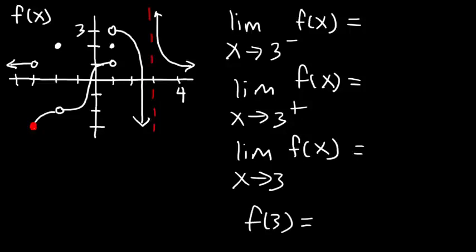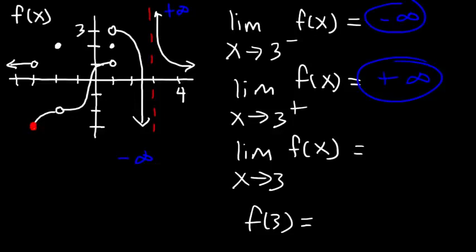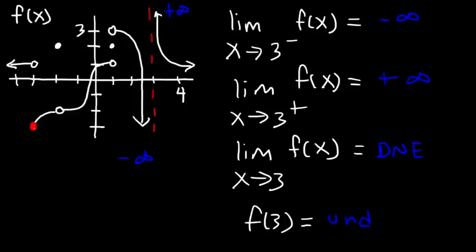Notice that at x equals 3 we have this vertical asymptote. As x approaches 3 from the left side, notice that it goes down to negative infinity. And as we approach 3 from the right side, it goes all the way up to positive infinity. These two do not match, so therefore the limit does not exist. And the function value at 3 is going to be undefined.